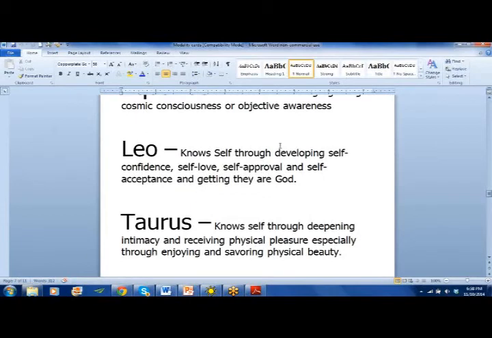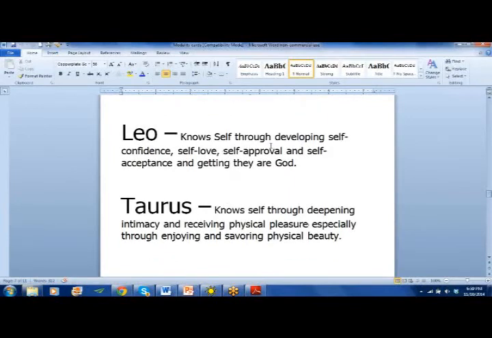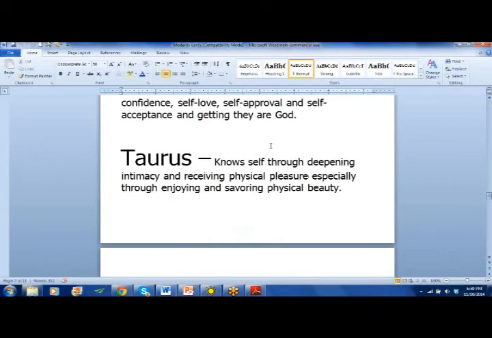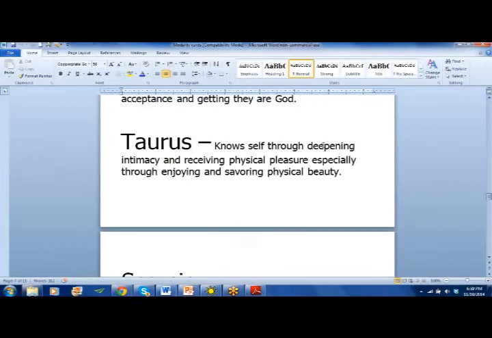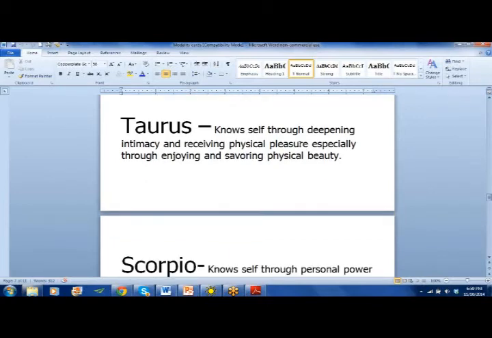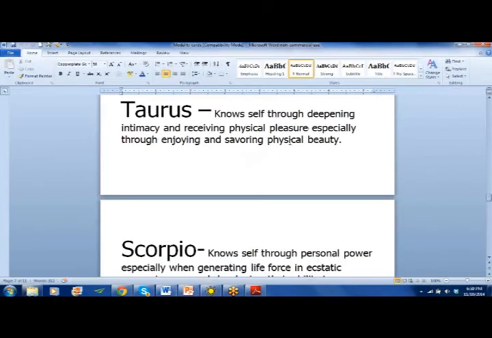Leo is knowing themselves through the development of self-confidence, self-love, self-approval, self-acceptance, getting that they are creator, making it up as they go along for its own sake, the process of being the creator. Taurus knows themselves through the experience of pleasure and beauty and intimacy for its own sake, what it means to really be in the physical body, earth sign.